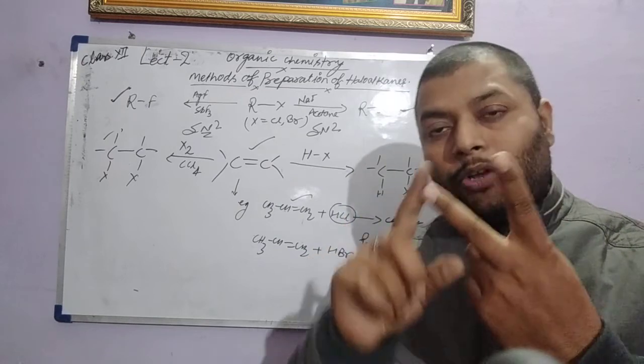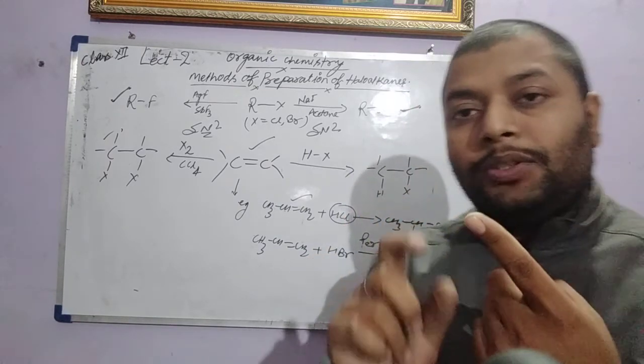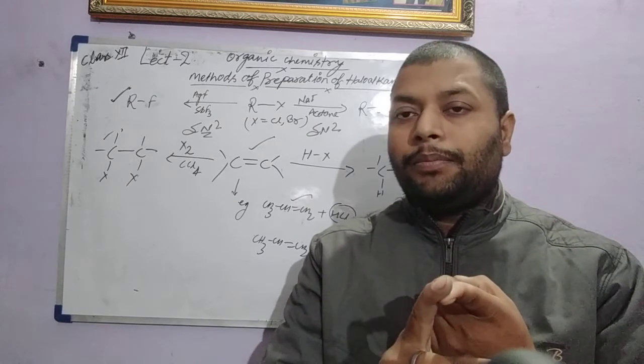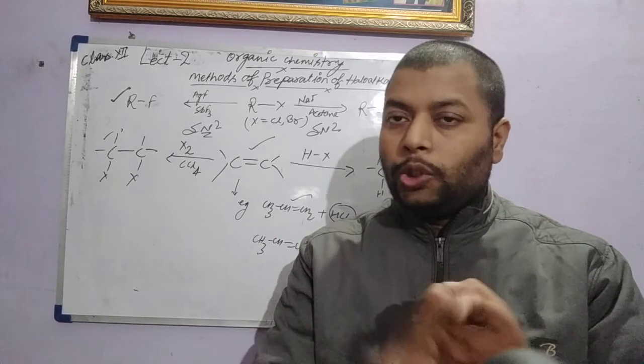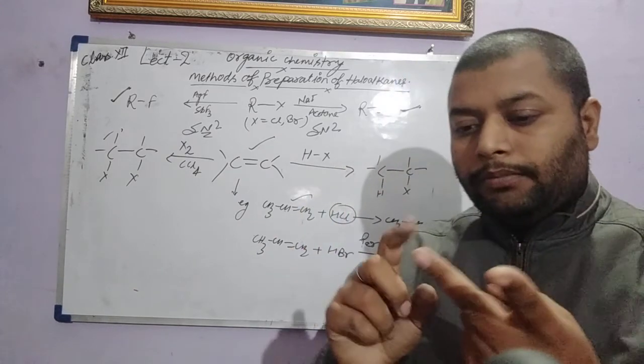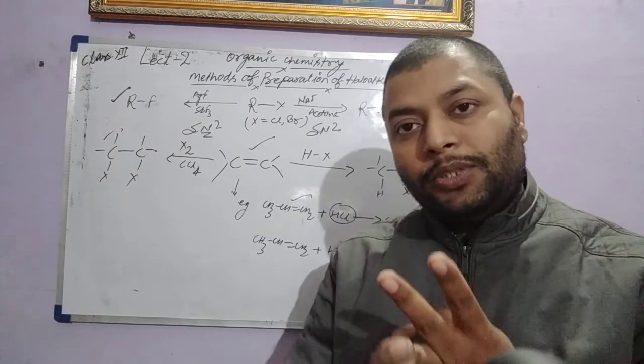Then halogenation: halogenation of methane, halogenation at 2 degree, 1 degree or 3 degree carbon, where the 3 degree carbon is more stable. Halogenation at the benzyl position, at the allylic position.